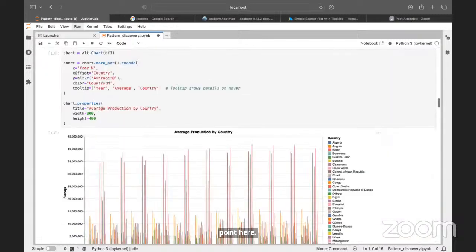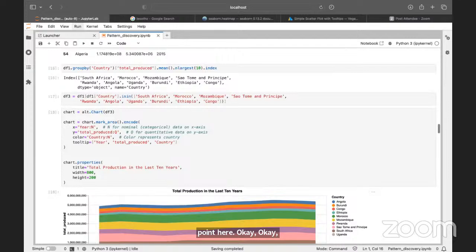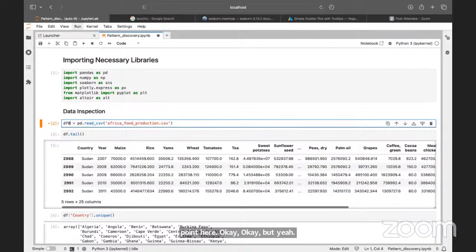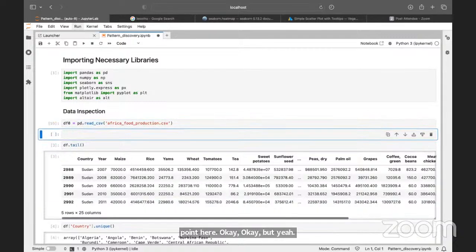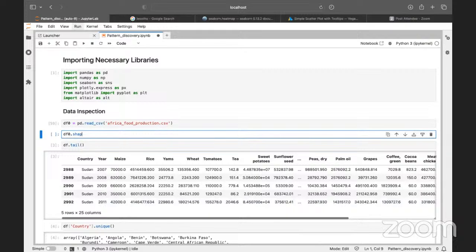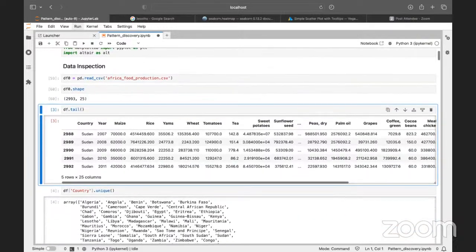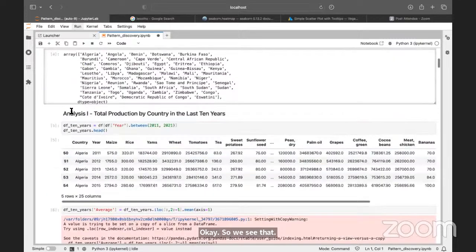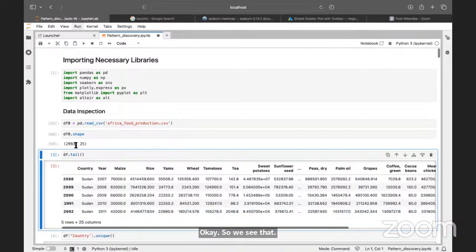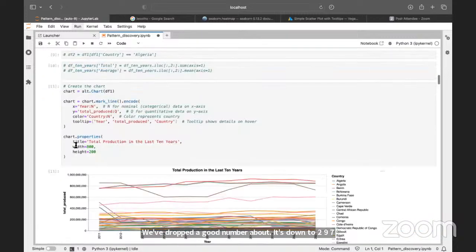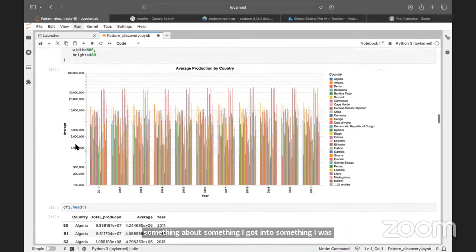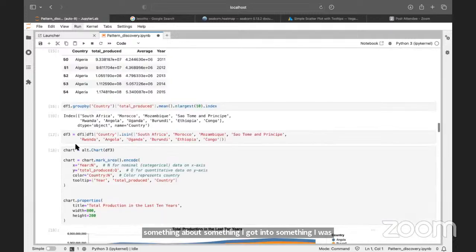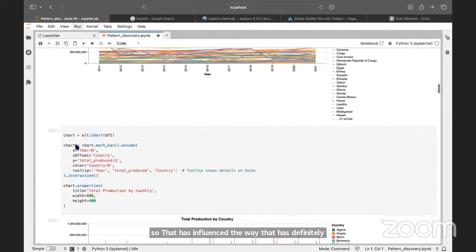Okay, but yeah, we see that we've dropped a good number, this is down to 297 something, about 20 something rows have been dropped. So that has definitely influenced the data that we have been working with so far.